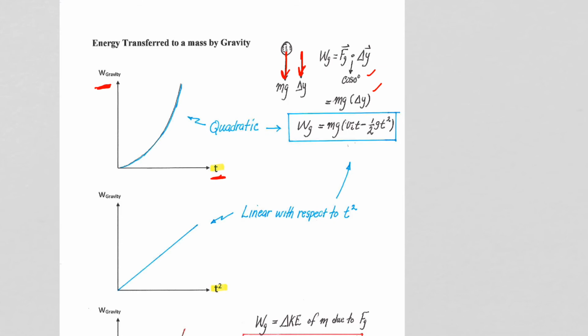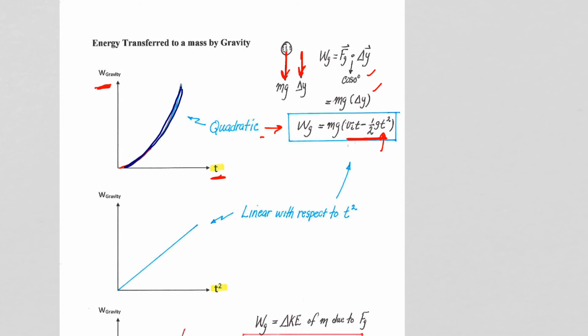It's still undergoing constant acceleration, so I can look at the constant acceleration equations, delta y equals v initial in the y direction times time plus 1/2 at squared, to see that the work done by gravity is actually quadratic because of the t squared here. So that's why we have this drawn as a t squared graph.